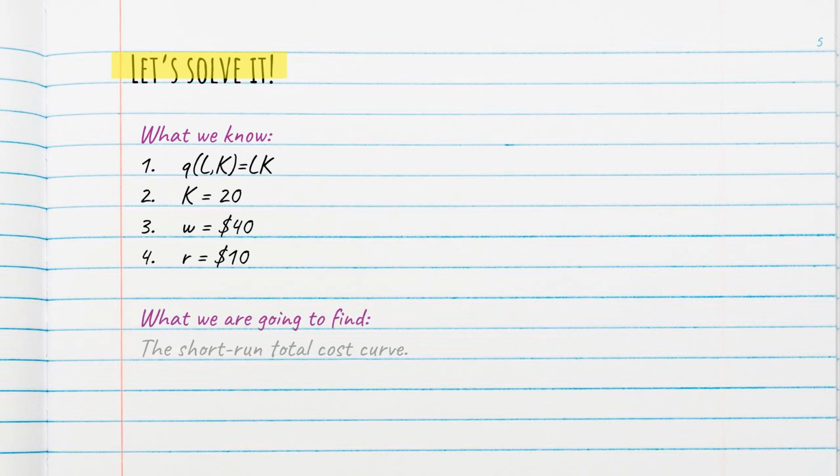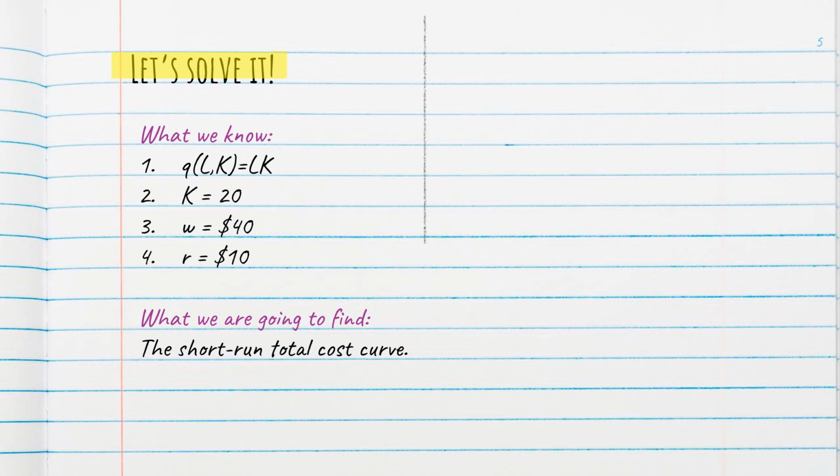Let's solve this question. Here's what we know. We know the production function. We know capital is fixed at 20 and the wage is 40 and the rent is 10. We are trying to find the short run total cost curve. I think the most important detail here is that in the short run, we do not have a tangency condition. We throw that out the window, and we replace our tangency condition with a short run constraint that capital is 20.